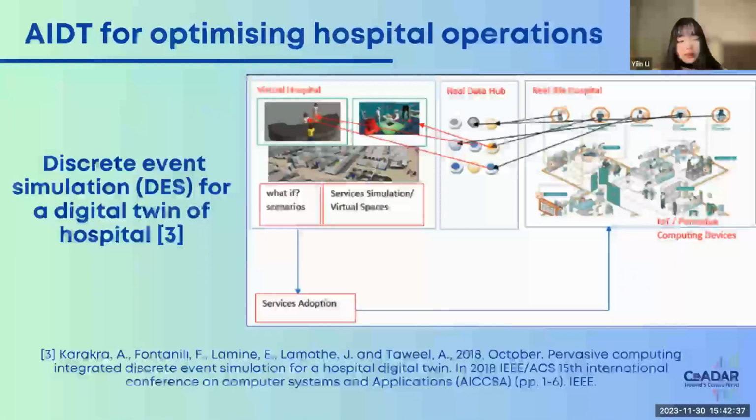So they use DES, discrete event simulation. It is one of the many tools and methods used to analyze and improve healthcare delivery. This paper focuses on how DES can be used to assess the efficiency of the hospital delivery system.